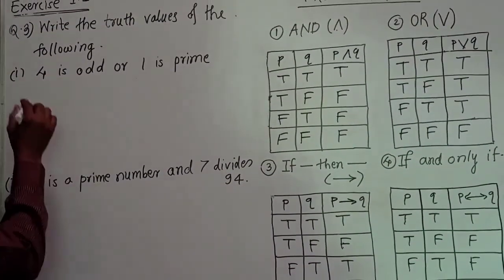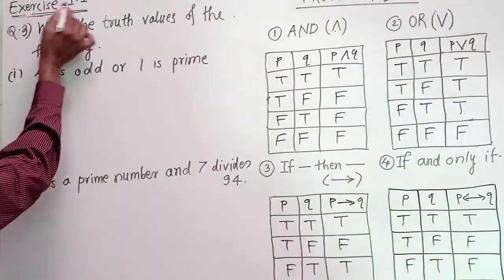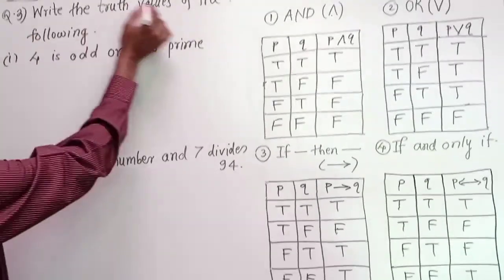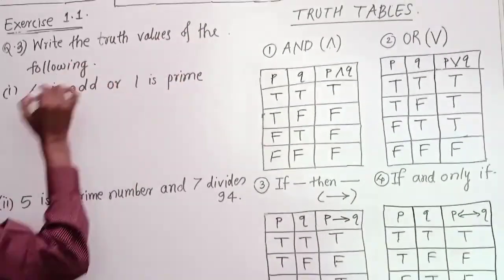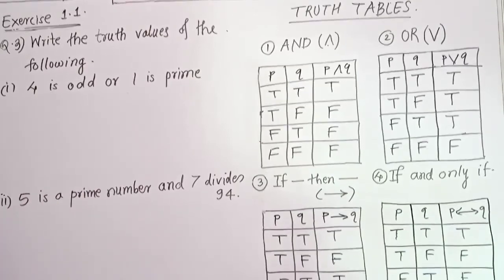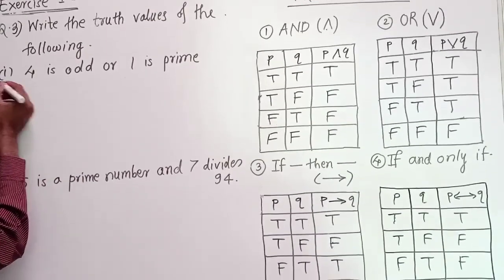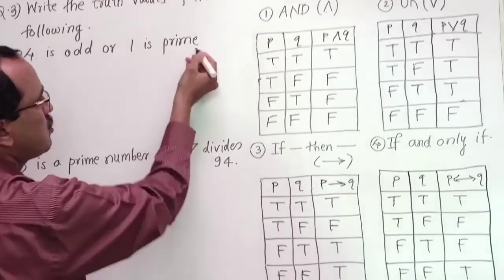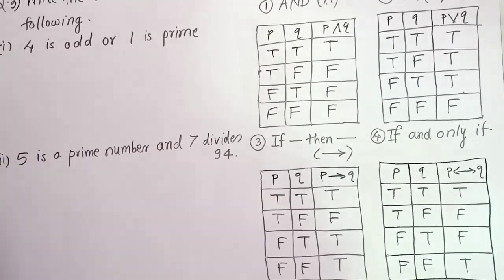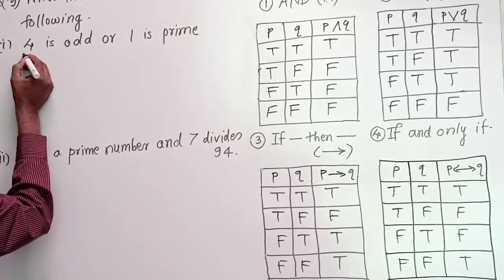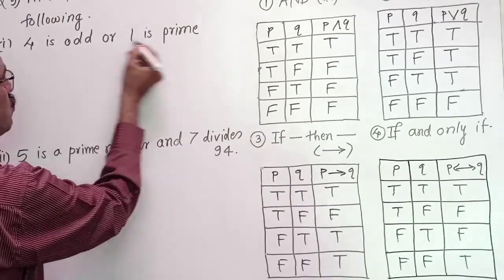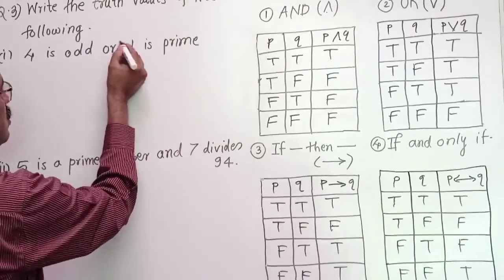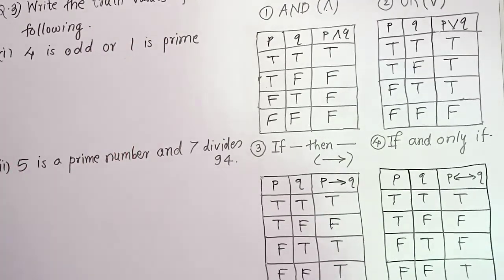Now we solve another example in exercise 1.1. Question number 3 is, write the truth values of the following statements. The first statement is 4 is odd or 1 is prime. First of all, we write the truth values of two separate statements, and here we use connective OR.